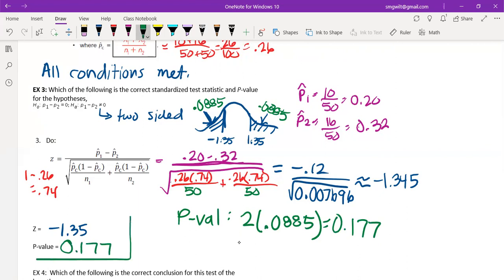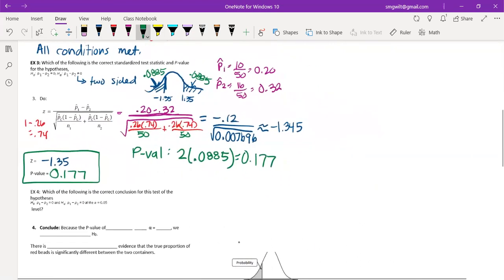So those would be the two answers that we were looking for for the multiple choice question. Again, if this was just less than or just greater than, our answer would be the 0.0885. Because it's not equal to, we're doubling that value.